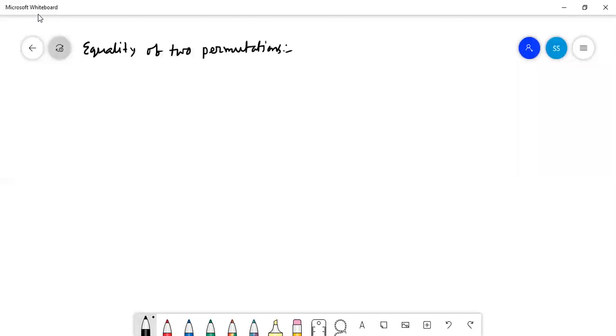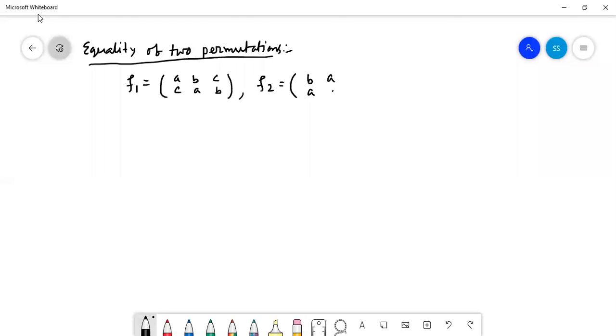Now we are going for equality of two permutations. We are taking one permutation f1 such that a b c over c a b, and another permutation f2 equal to b a c over a c b.